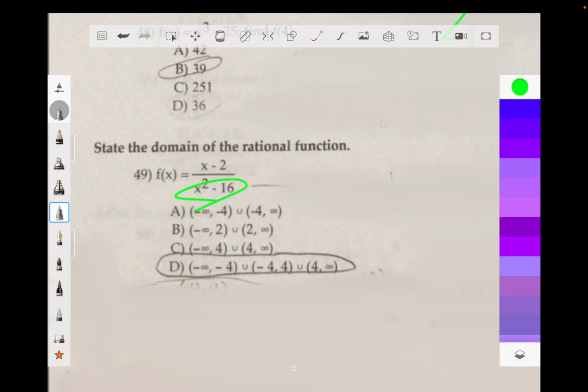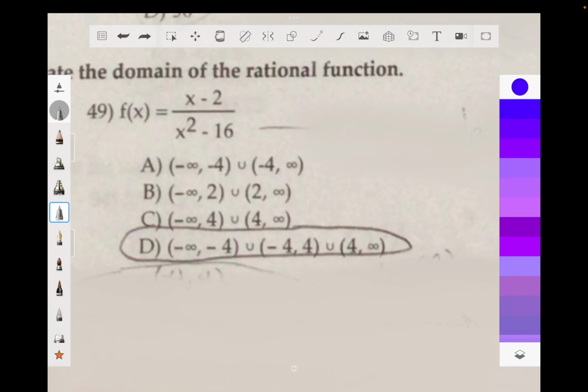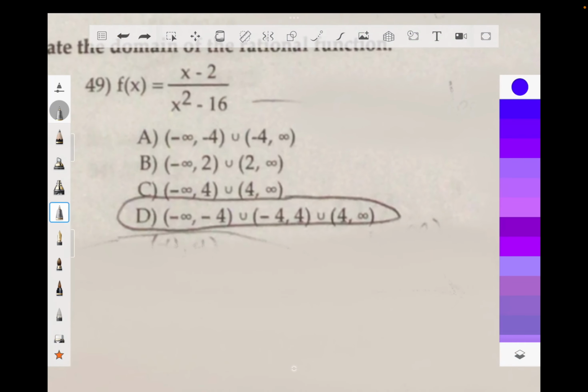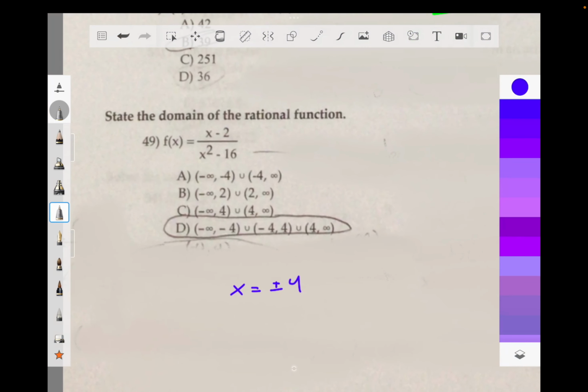Find and state the domain of the rational function. Again, the denominator can't be zero. So we just factored this one when it is equal to 0. X squared minus 16, that's going to be x equals plus or minus 4. Right?